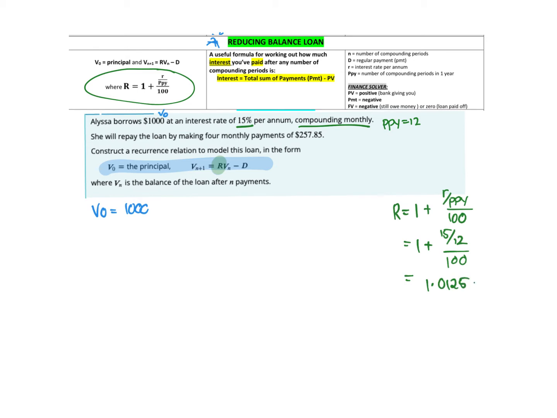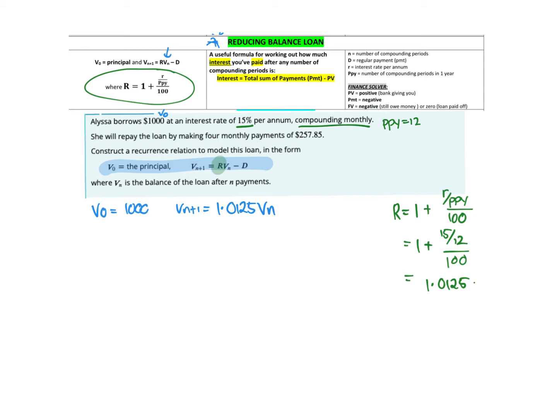So when I come over here and write the recurrence relation, I've got to write Vn plus 1 equals R, which I'm going to change to 1.0125. Then you're going to times it by the one before. Then you're going to minus this D. And the D, if you look over in the notes, is the payments that you're making. And they did tell you that.